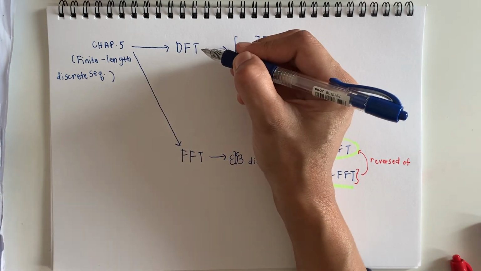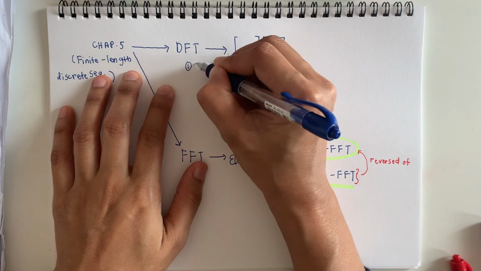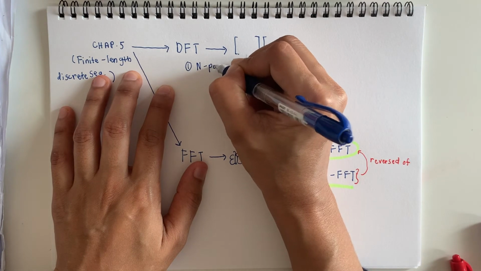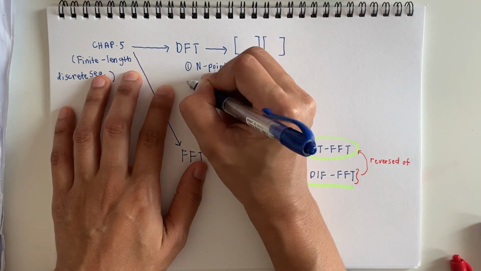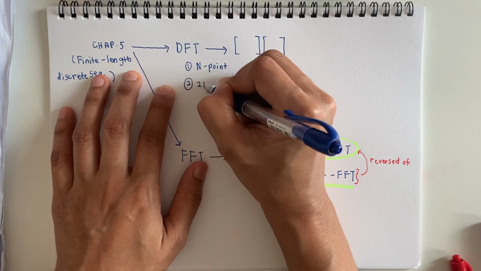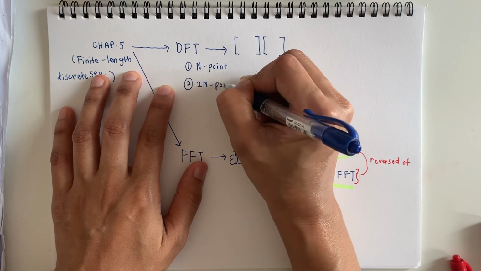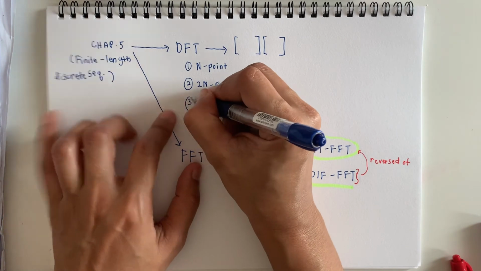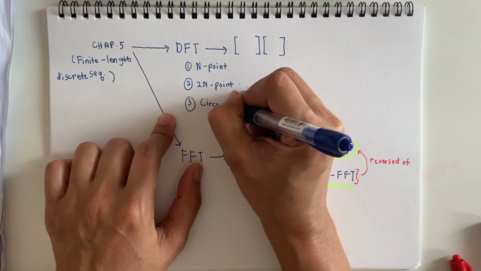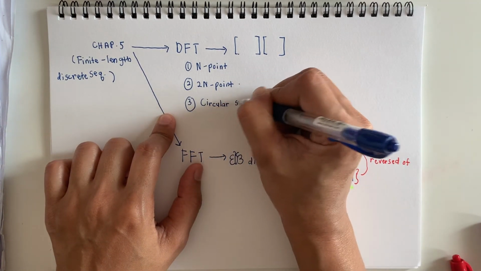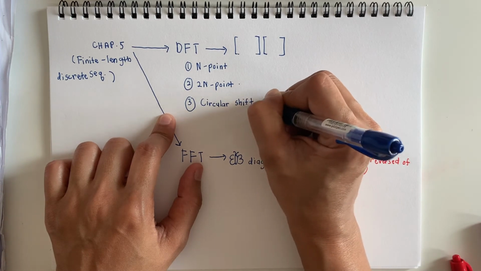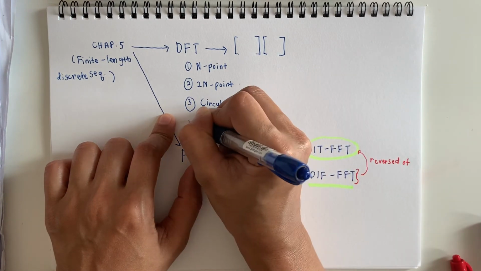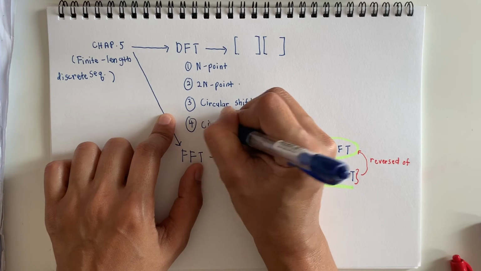Under DFT, you need to understand how to compute for N-point, how to do matrix multiplication on two N-point. Next is circular shifting, and then last is circular convolution.